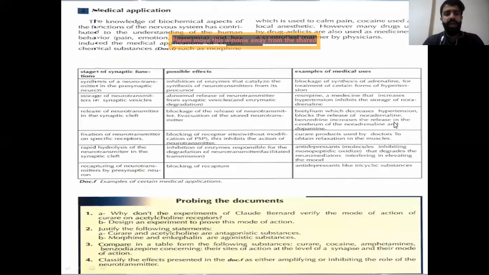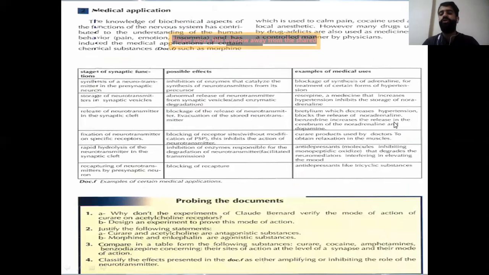Medical application. The knowledge of the biochemical aspects of the functions of the nervous system has contributed to the understanding of human behavior. Whenever you have pain, emotion, or insomnia, for example, it can be treated by the medical application of chemical substances. Example here in document F showing certain medical applications. We're going to use them like, for example, antidepressant molecules.